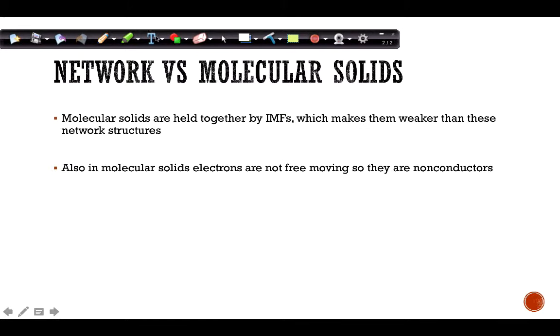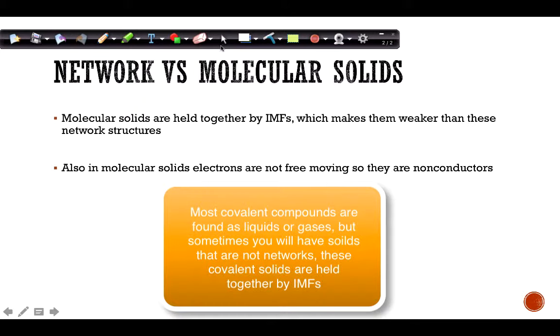Okay, so network solids are very, very strong, but you can also have a molecular solid structure which isn't quite as strong. Basically, molecular solids, so if you have a covalent compound that is a solid, those molecules are going to be held together by intermolecular forces. So it makes them weaker than the network structures where you've actually got these covalent bonds in between so many different atoms.